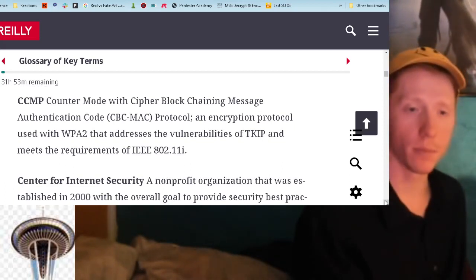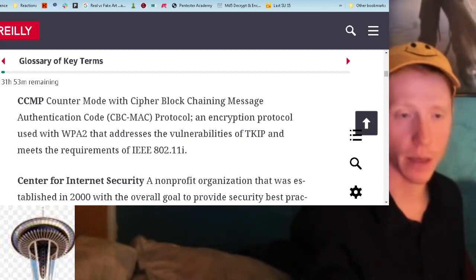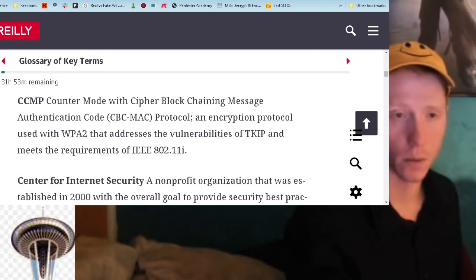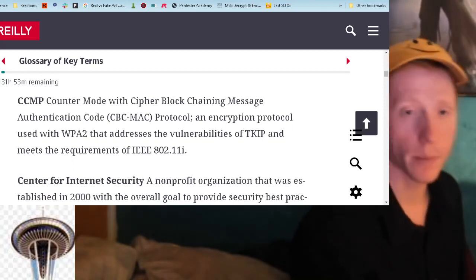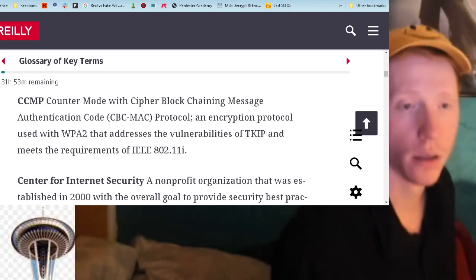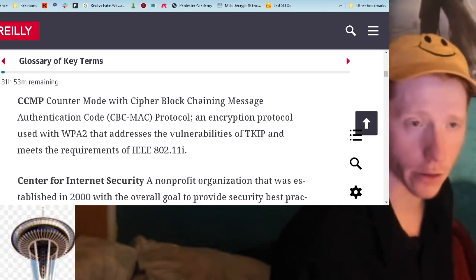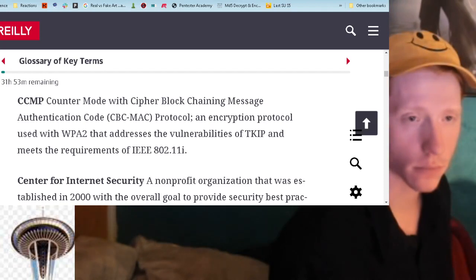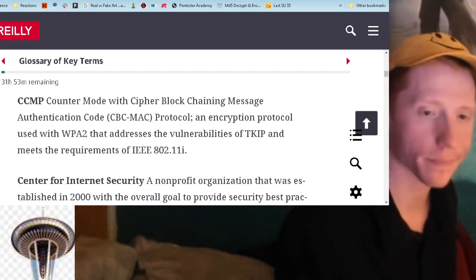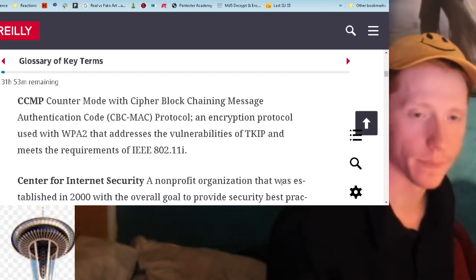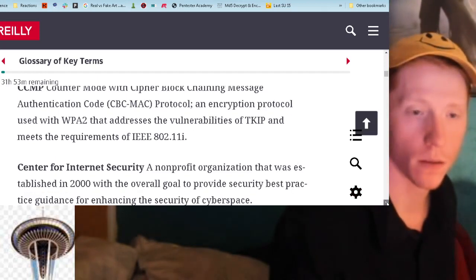CCMP, counter mode with cipher block chaining message authentication code protocol. An encryption protocol used with your Wi-Fi security that meets a standard.